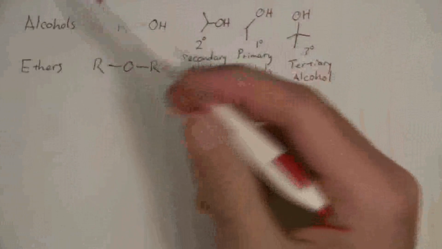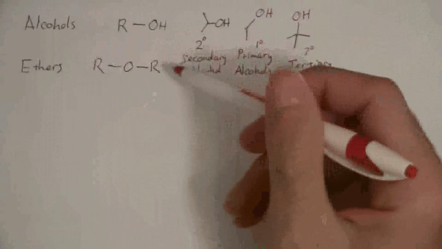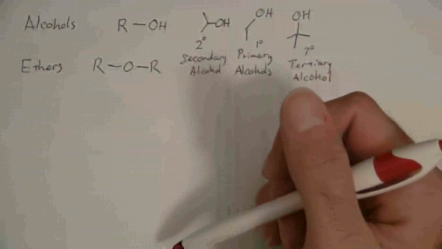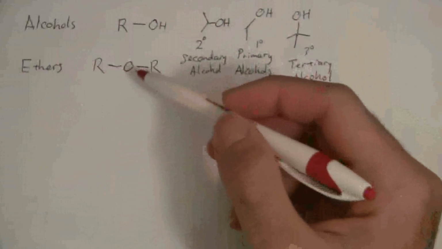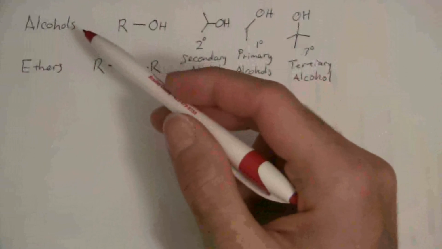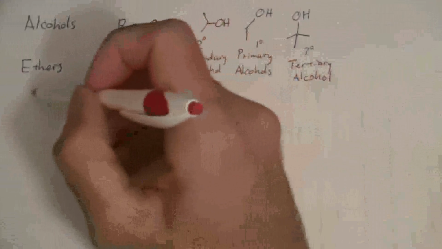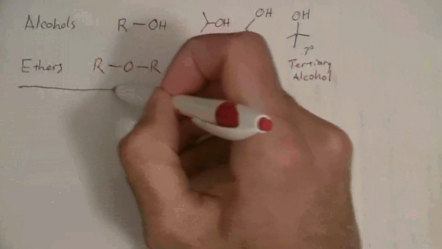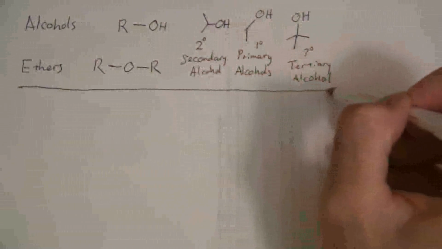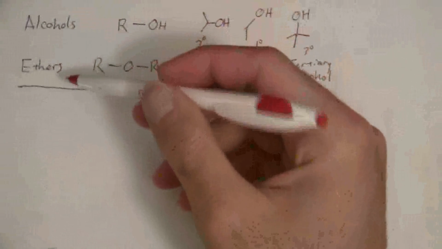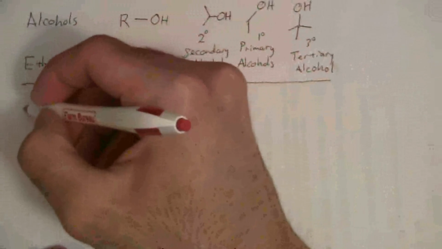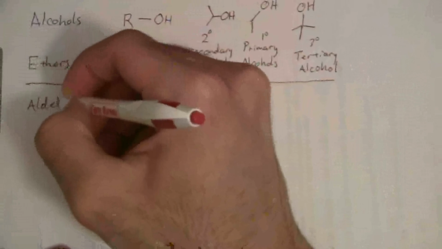The R can represent any carbon chain, whether the same or different. So an ether is related to the alcohol. Several of these come in pairs. The alcohol, the ether, and then we saw the aldehyde.